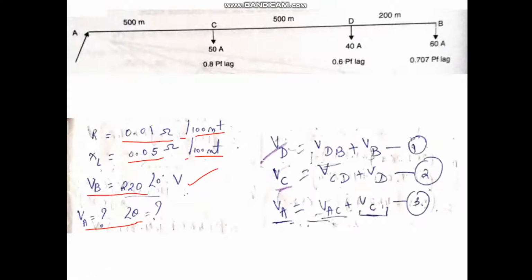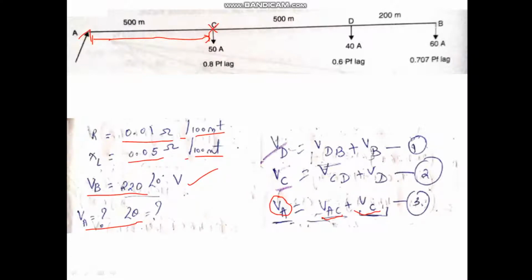We'll proceed now. You are asked to find this voltage VA. So VA is what? The voltage drop across this, it means VAC plus the voltage at C point. So VAC plus VC would give me my VA.